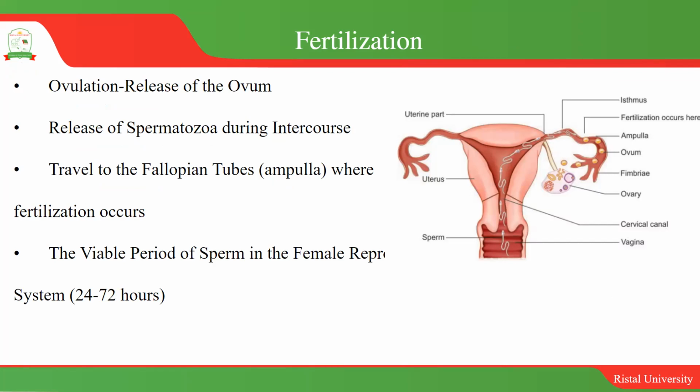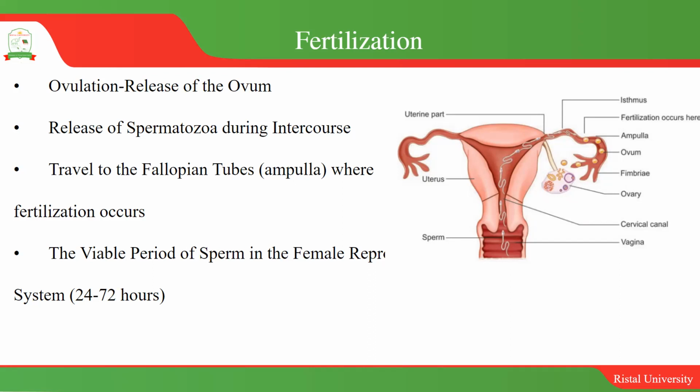This usually occurs around the 14th day of the menstrual cycle, and the spermatozoa, or the male gametes, are released into the female reproductive tract during sex or intercourse, and then they travel to the fallopian tubes where fertilization happens, the place called the ampulla.